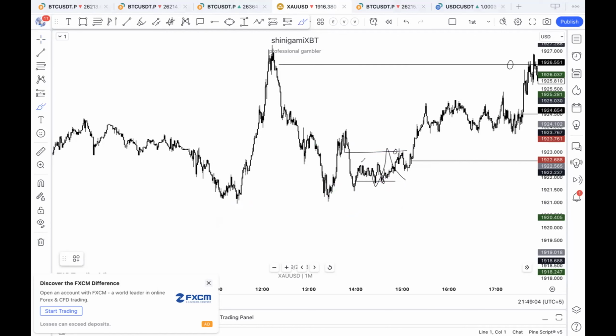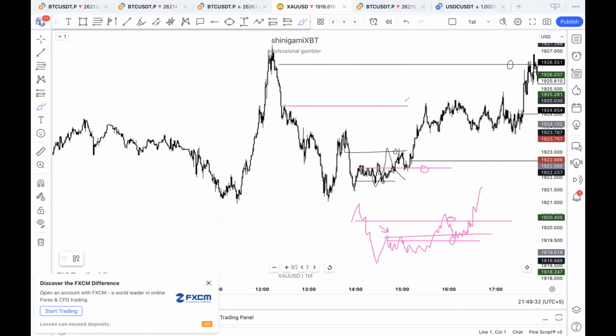Can you see this level here? We move to the higher POI. Price moves to the higher POI, rejects here, but then it's supported by the highs here, which turned that level. The previous resistance turned into support, which just carried the price.